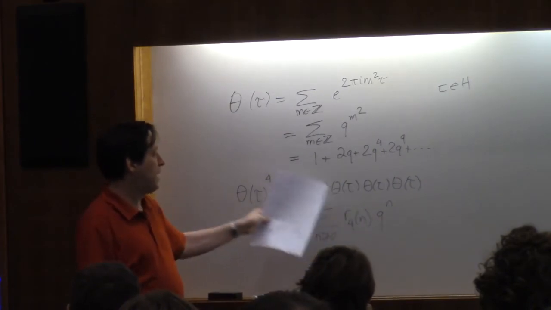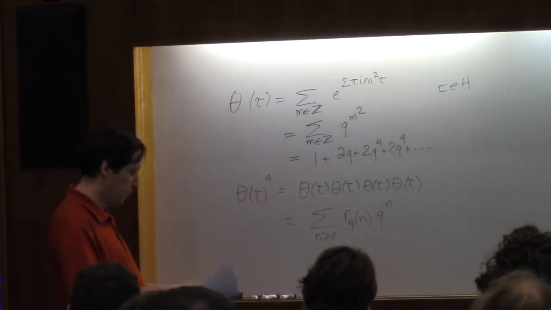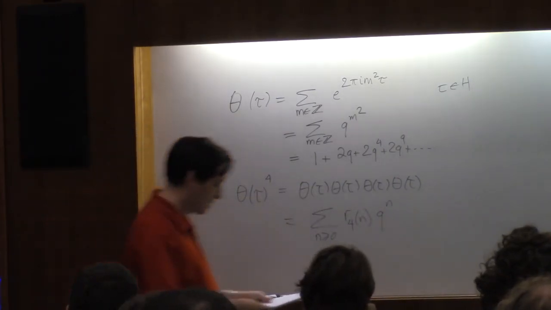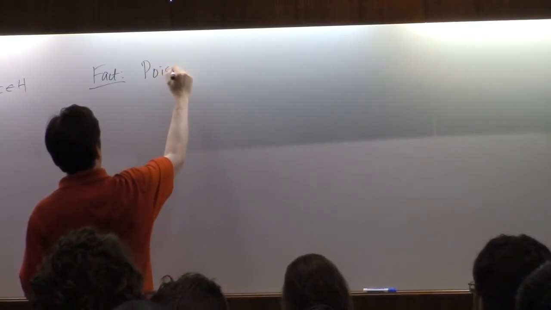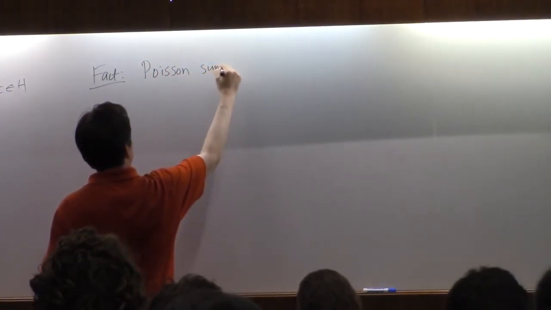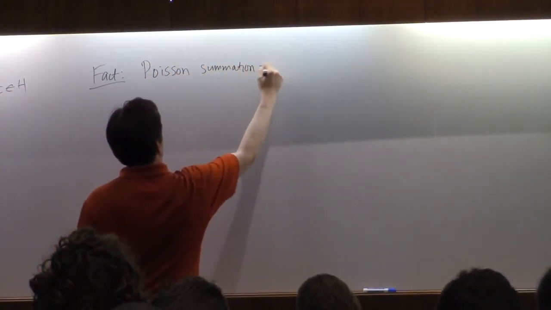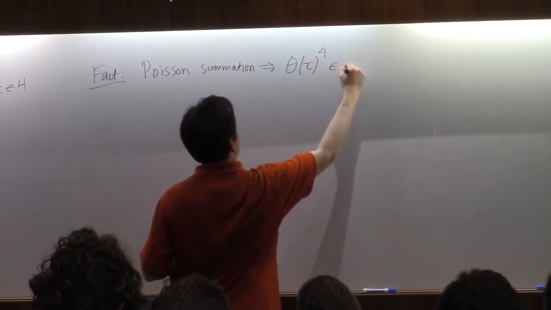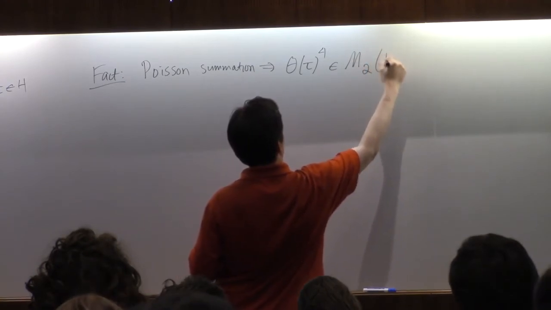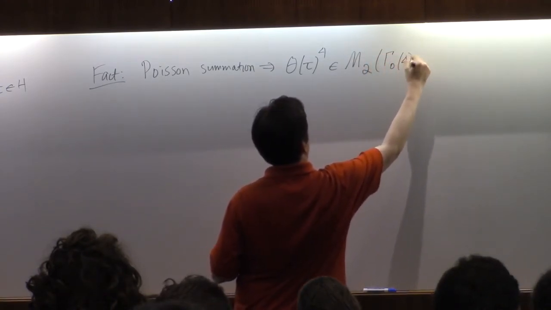So we pull it back to make it a function of a complex variable, and then it turns out, in fact, based on Poisson summation, maybe I'll just write that here, one can show that the 4th power of this guy is a modular form of weight 2 for the group gamma 0 of 4.